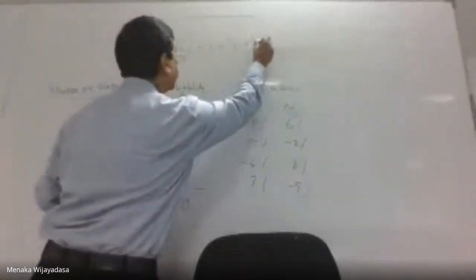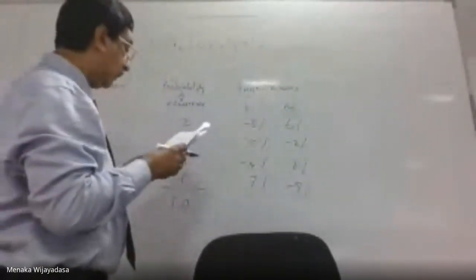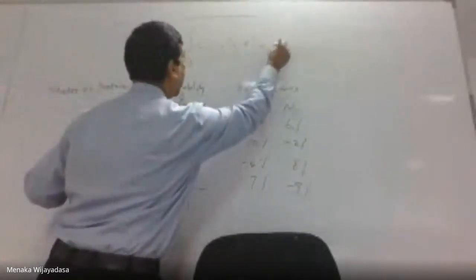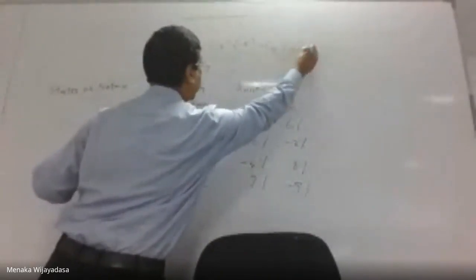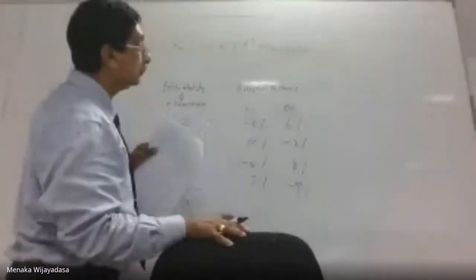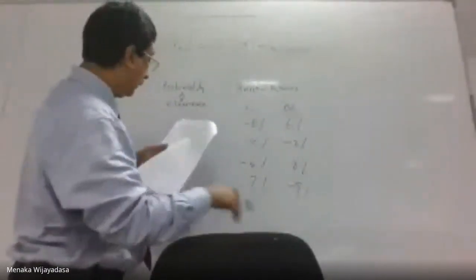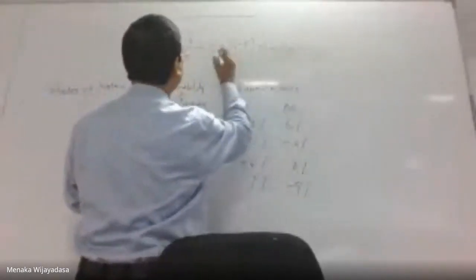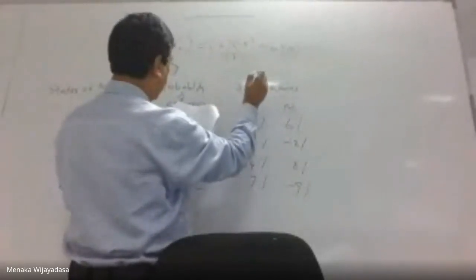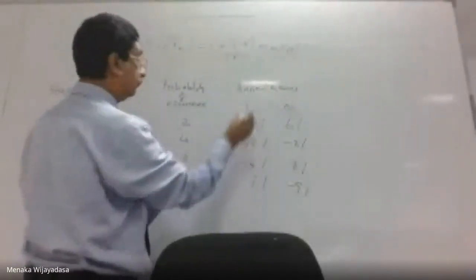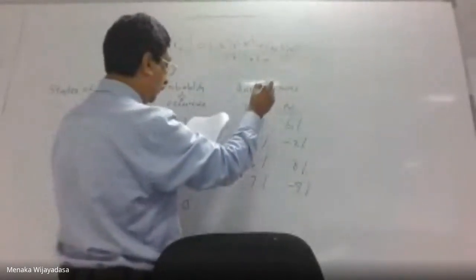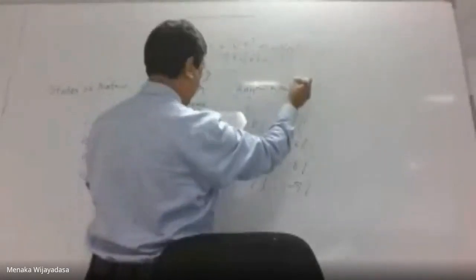plus 0.4 into 10, plus 0.3 into minus 4, plus 0.1 into 7.